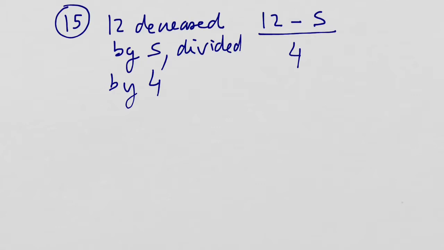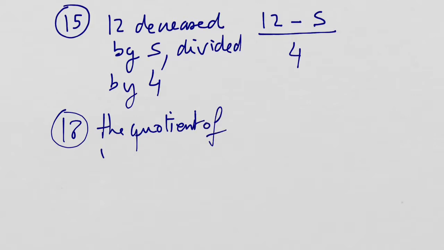Well, let's take a look at problem number 18. You have the quotient of 8 and y. By specifically saying the quotient of 8 and y, that means 8 divided by y, and only 8.